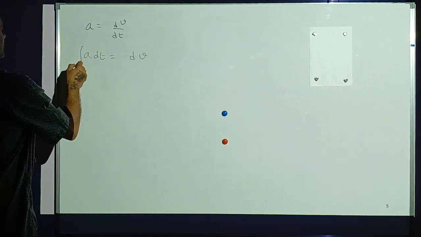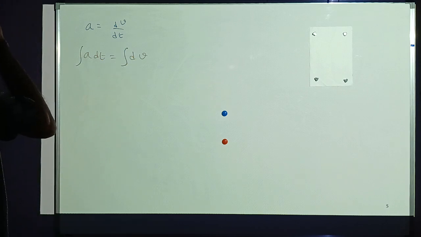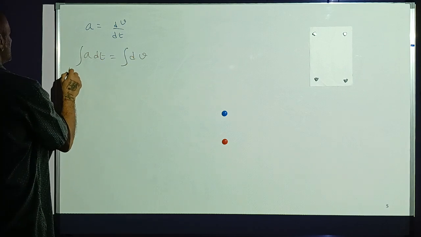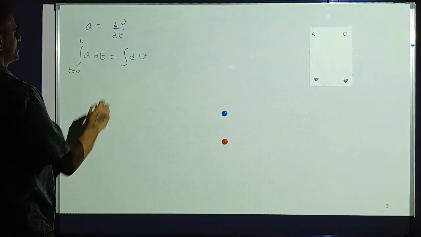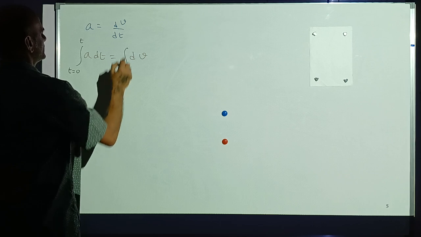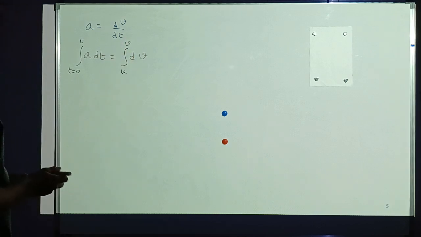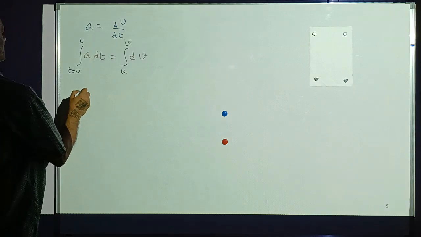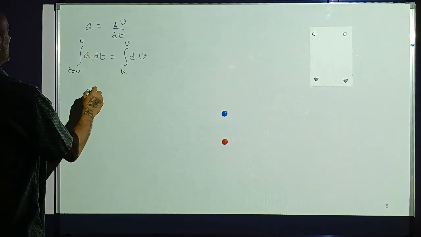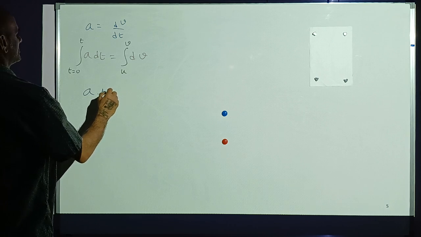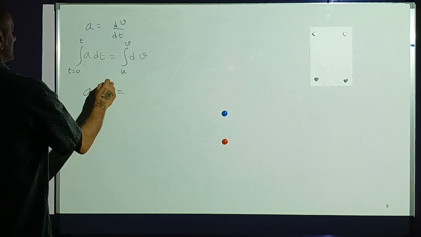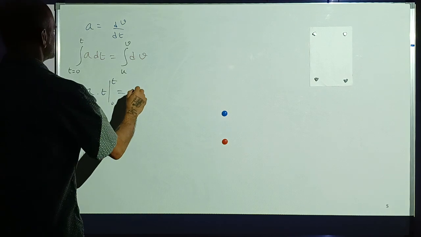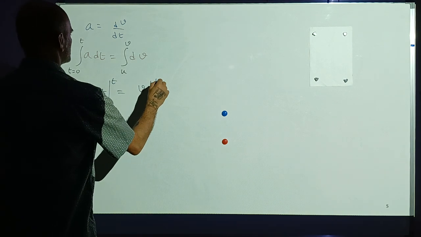So integrating both the sides from the initial time t equal to 0 to some arbitrary time t, and the velocity at the initial time, let it be u, and the velocity at the time be v. So this will give me a is a constant, can come out, and you have to put the limits 0 to t, and this is v between the limits u and v.